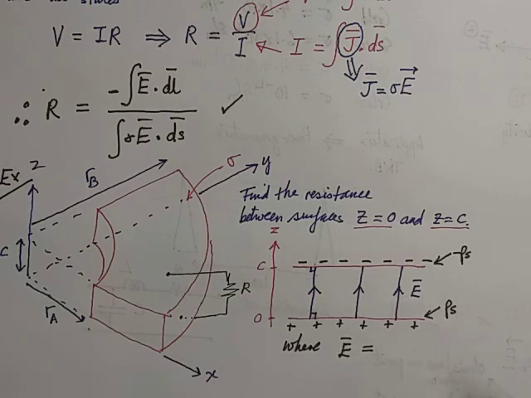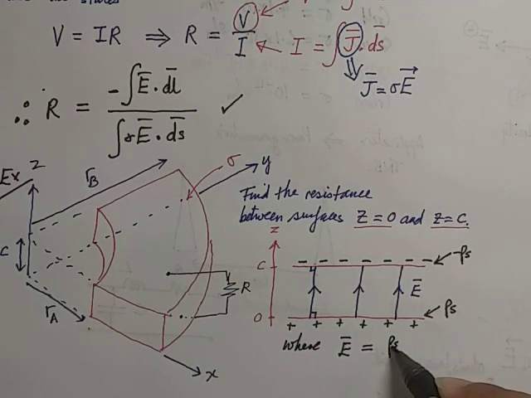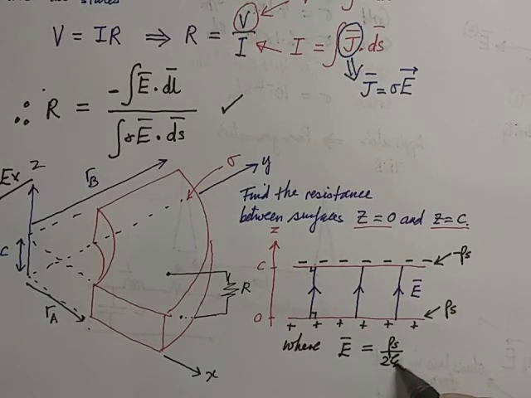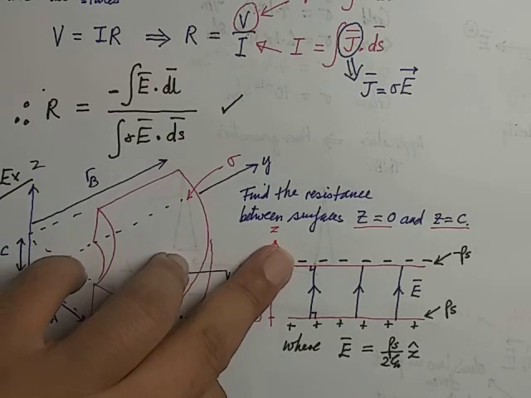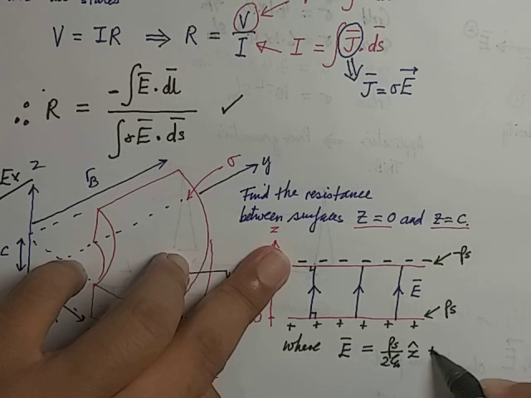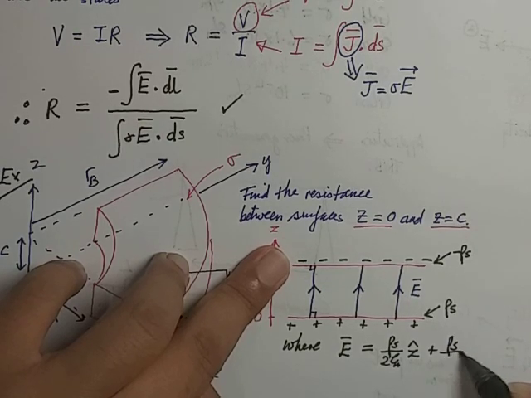For our infinite surface charge problem that we solved together, we can say that it should be rho s over 2 epsilon naught in the z direction. That's due to the z equal to 0 charge. But we can also see there's another source up here, so it should be plus rho s over 2 epsilon naught in the z direction.